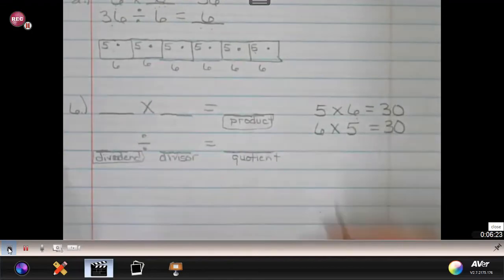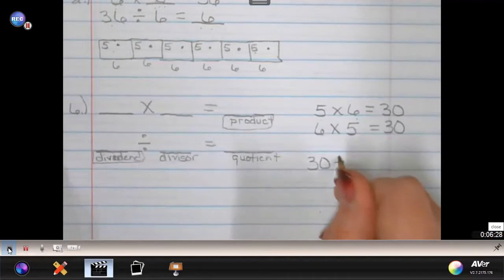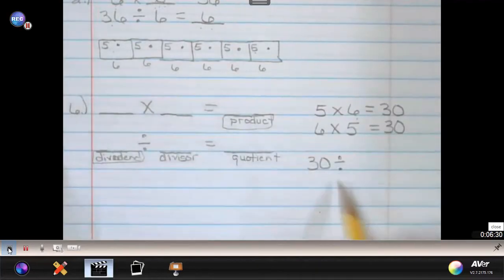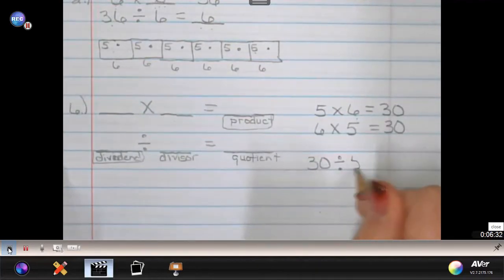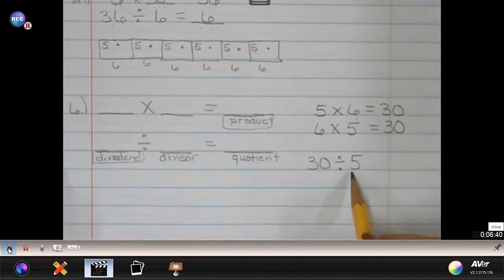Now, we need to take those 30 objects, and this time we're going to create 2 division sentences. So if I take these 30 objects and I put them into groups of 5, because remember, you can use repeated subtraction and subtract amounts away from this total to get how many groups you will have.